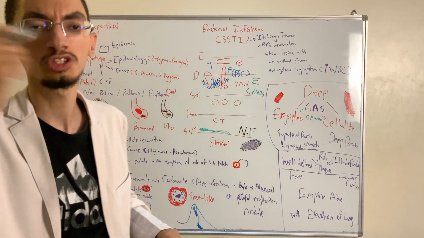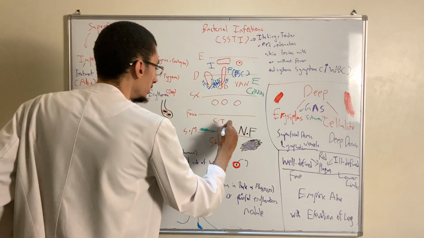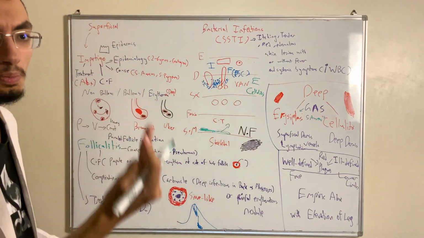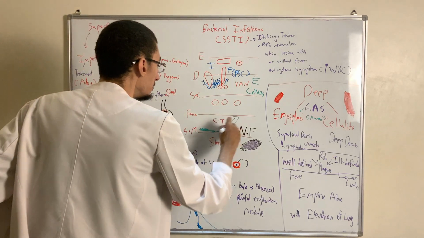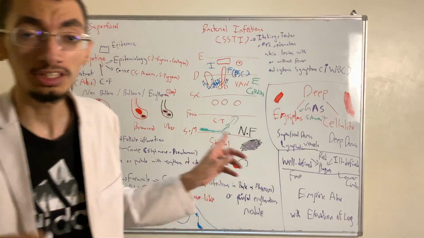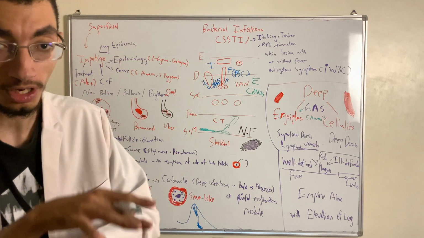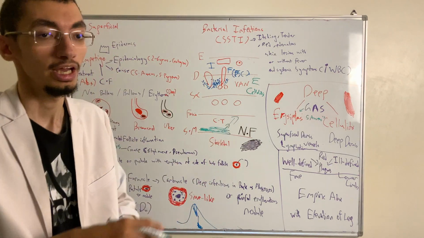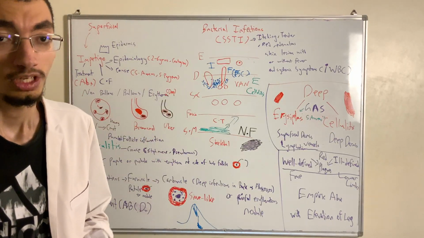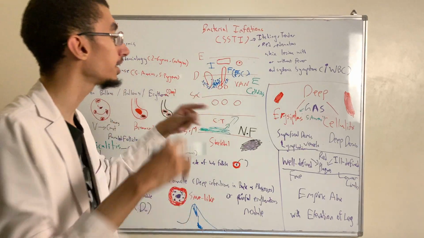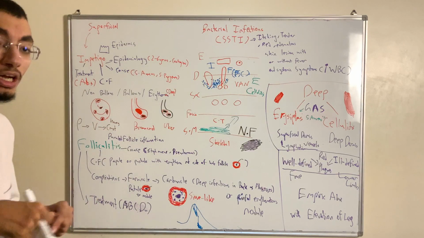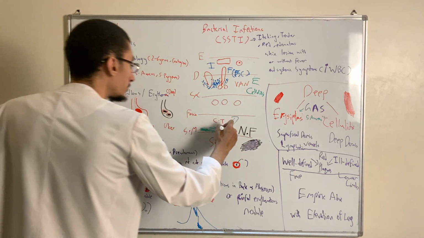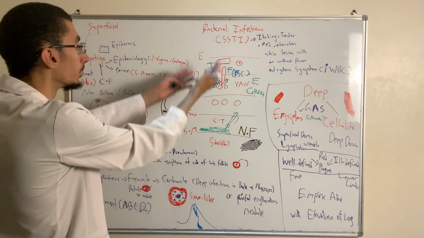Then eventually with time, the infection will start to go up and up and up. So basically, the problem starts at the very deep end, in the deep layer of the skin. So it might give the presentation of cellulitis. But eventually, over time, it will involve the superficial layers as well, going up and up.